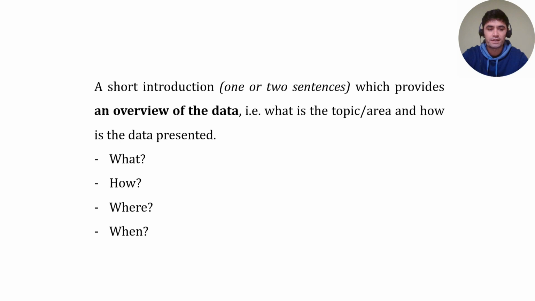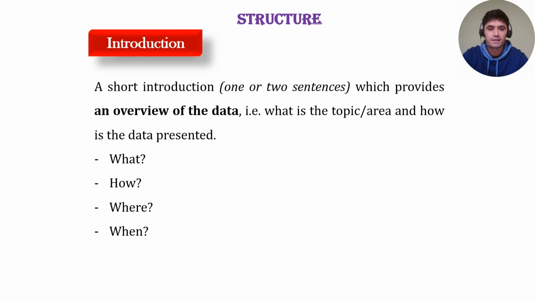Next up, about the introduction. So here we will learn about the structure of an essay. First off, the first thing we need to write about is the introduction part of the essay. It has to be a short introduction that contains 1 or 2 sentences that provide an overview of the data. For example, what is the topic area and how is the data presented.